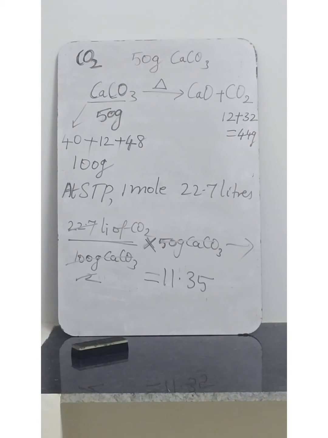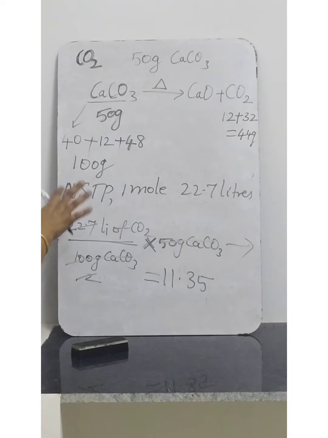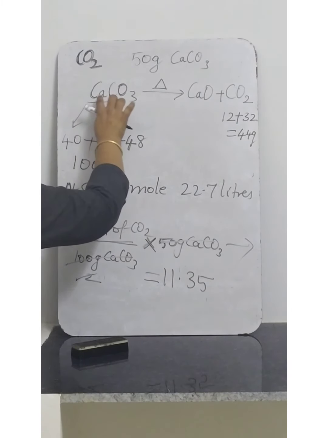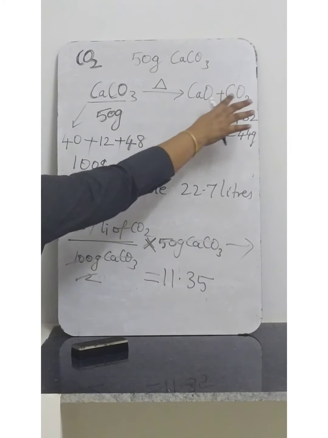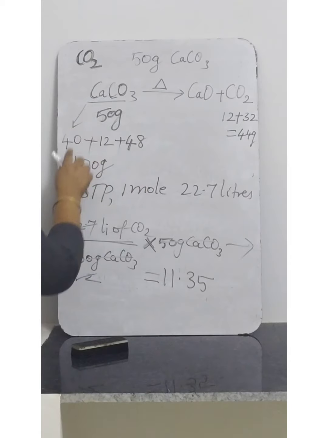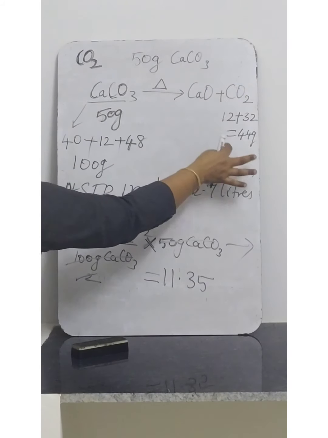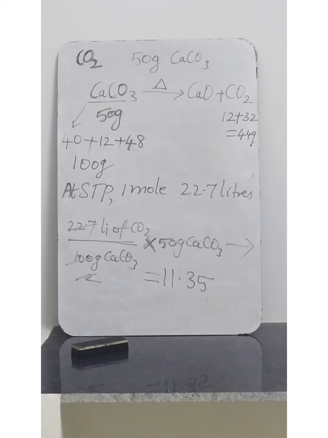Once again, repeat. How much volume of carbon dioxide is produced when 50 gram of calcium carbonate undergoes heat under standard temperature and pressure? As per the stoichiometric equation, CaCO3 gives CaO plus CO2. That is 1 mole of calcium carbonate, molecular mass 100 gram, will produce 1 mole of carbon dioxide, nothing but 44 gram of carbon dioxide.